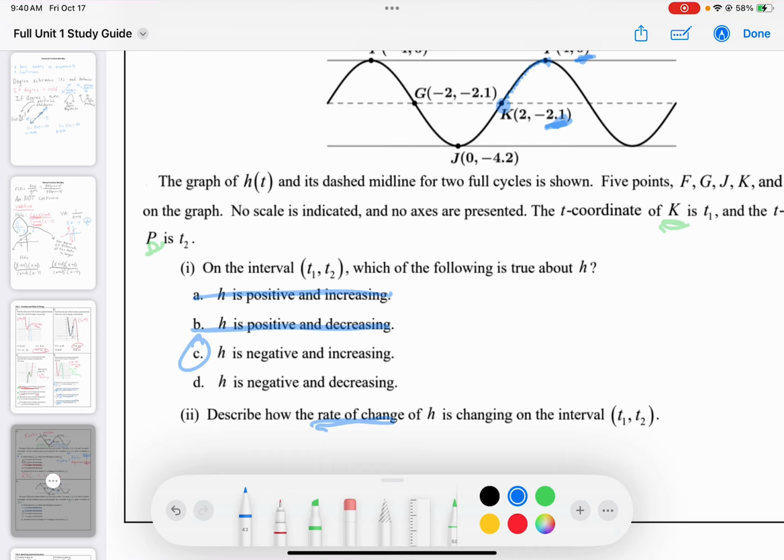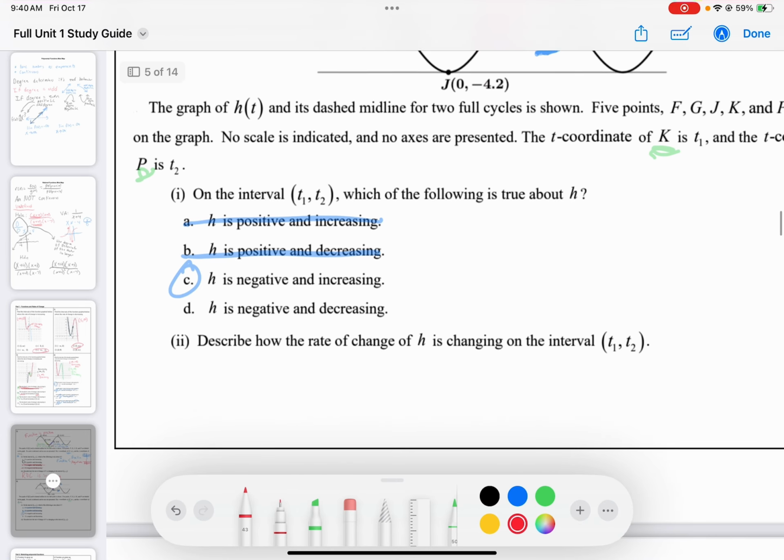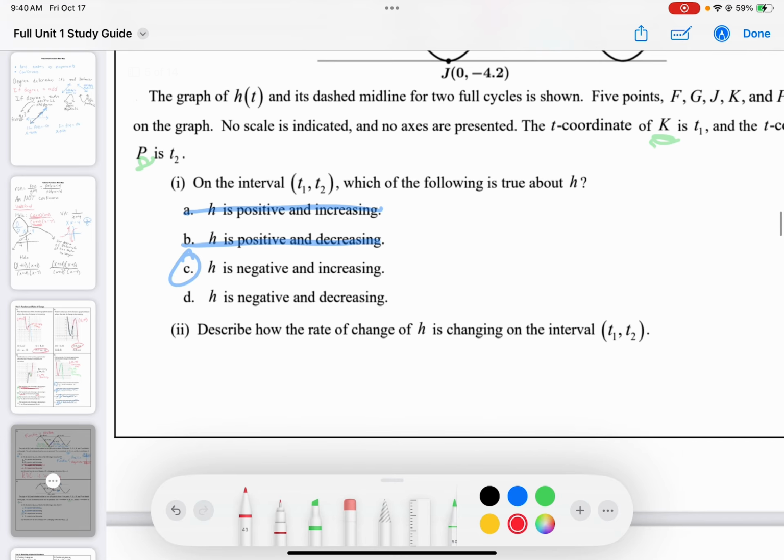Now what about the rate of change, which is different than the function? Well, we are concave down here. We're clearly concave down. So the rate of change is decreasing.